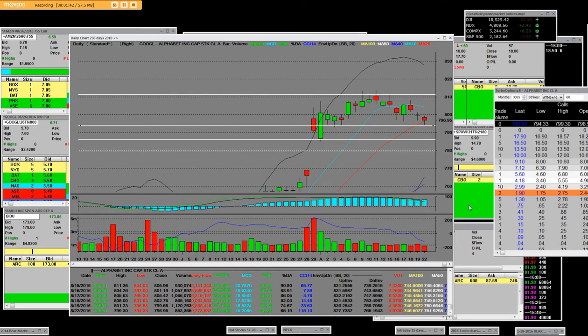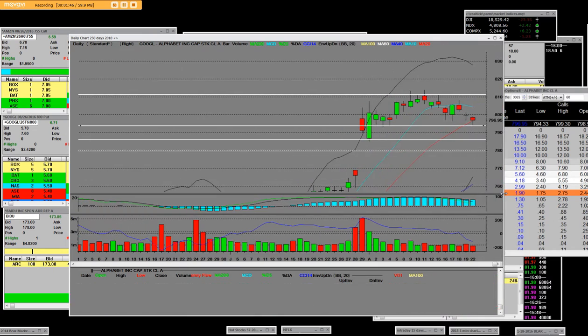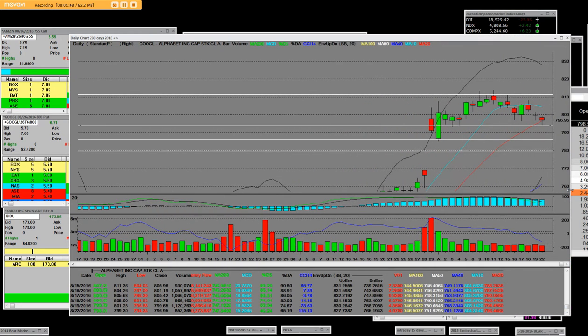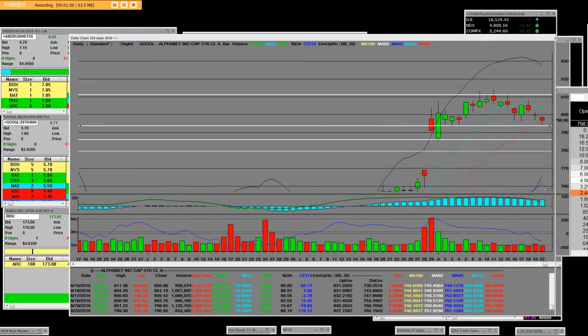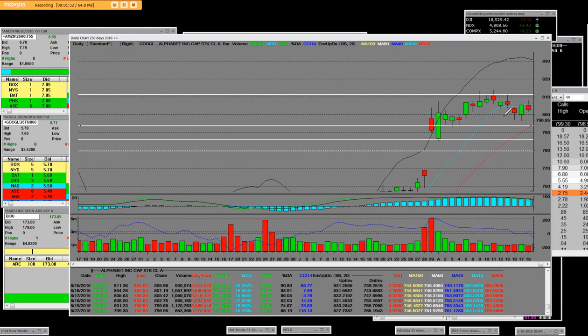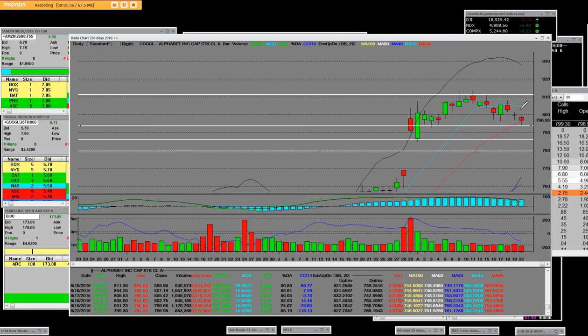The 10-day simple moving average, just to let you know, the value of that is 804, and that is this blue line.